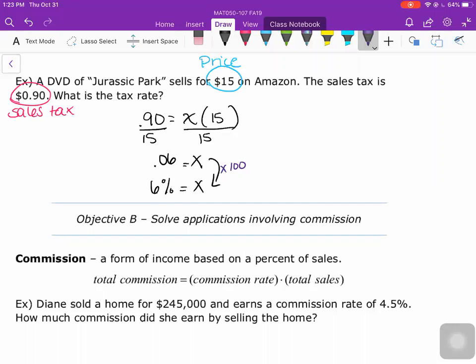Your sales tax is the part of the whole, isn't it? That's your amount. Your base is that original price, and then the percent is your tax rate.